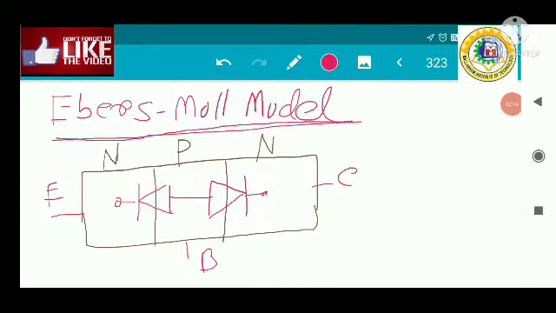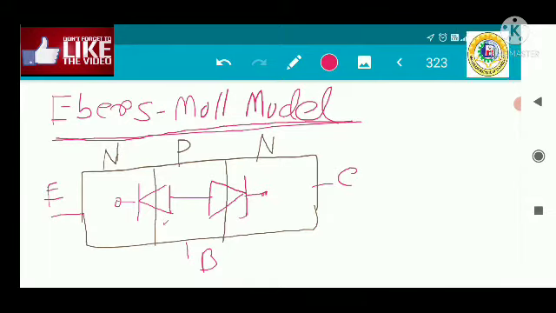There are two diodes. Suppose this is diode D1, then this is diode D2. Two back-to-back diodes. This is the internal model, that means the diode equivalent model of the transistor. This is the Ebers-Moll model.